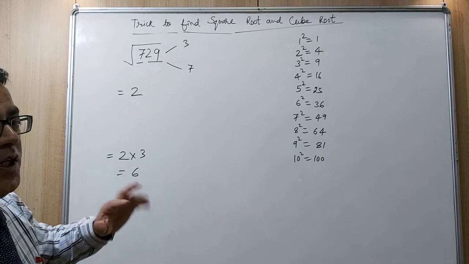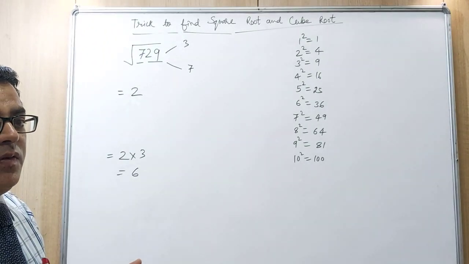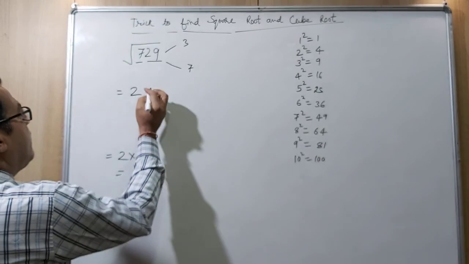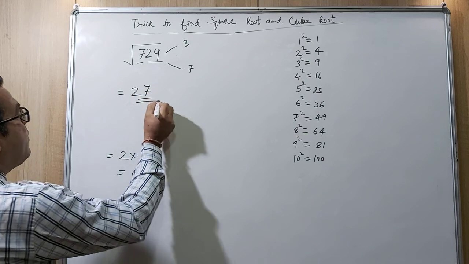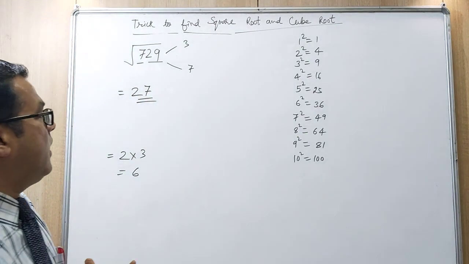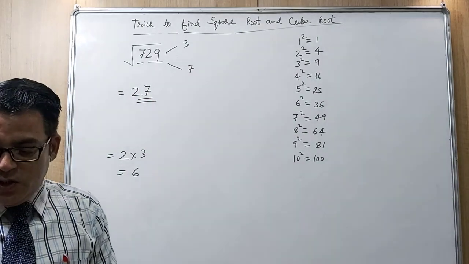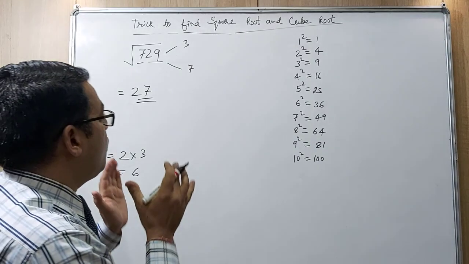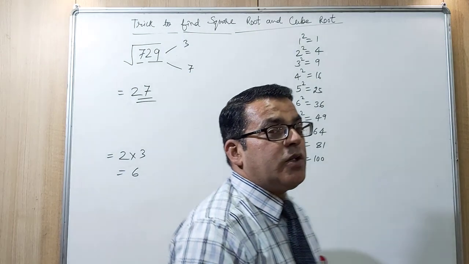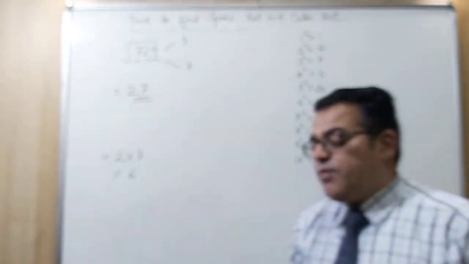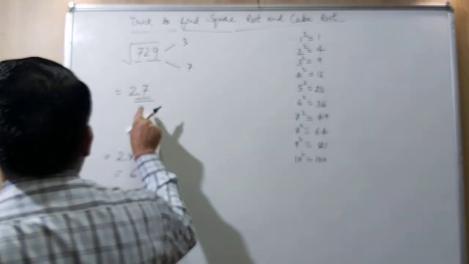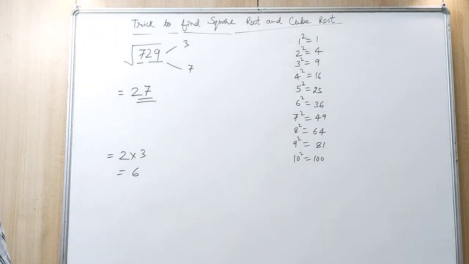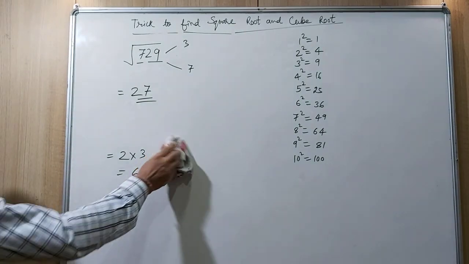It means we need to take higher value, greater value. So 7. So 7 is answer. It means 27 is the square root of 729. Hope you understand. You can calculate it with division method also and with prime factorization method also. You will get the same result, right? So this is very interesting.